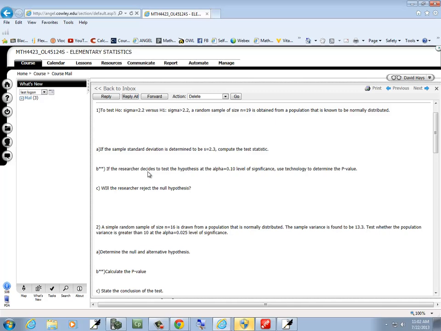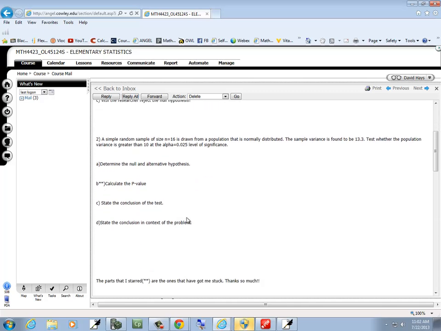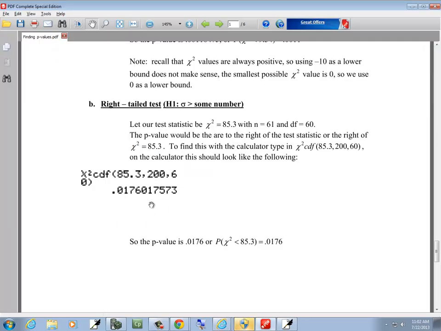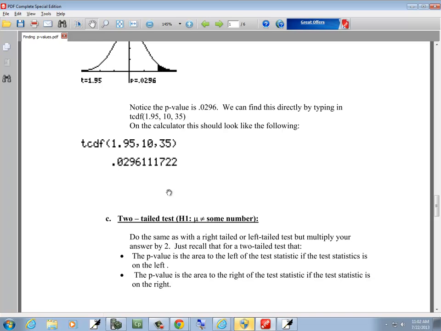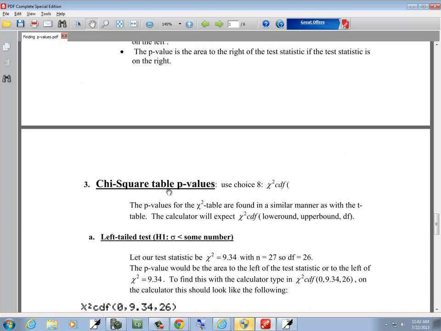Now the second one here, let me see if this is any different. No, you had calculate the p-value as your questions, so you didn't have questions on the other ones. But let's talk about this one, because I want to talk about the different cases in this document.